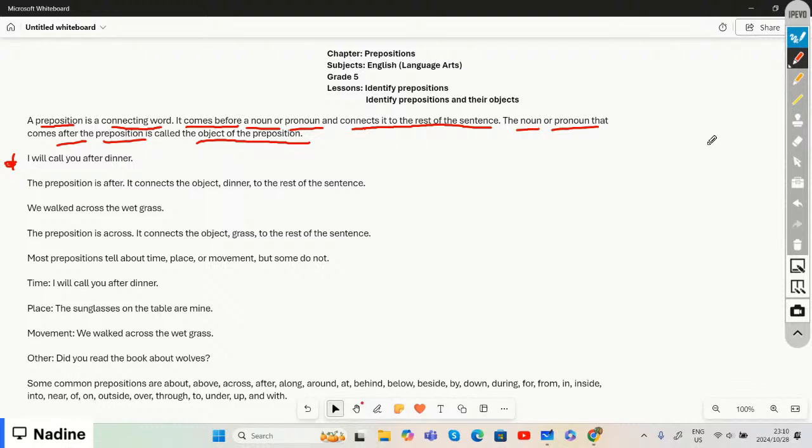All right, so we can say that I will call you after dinner. Dinner is our noun, and the preposition is after. When are you going to call me? After. After when? Dinner. So we're connecting dinner to the whole sentence.